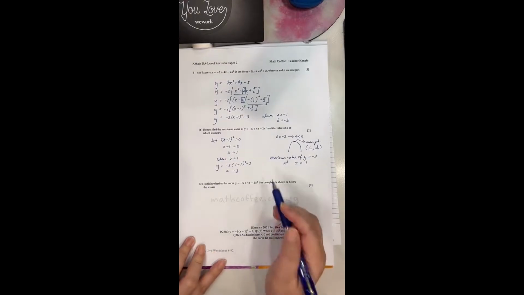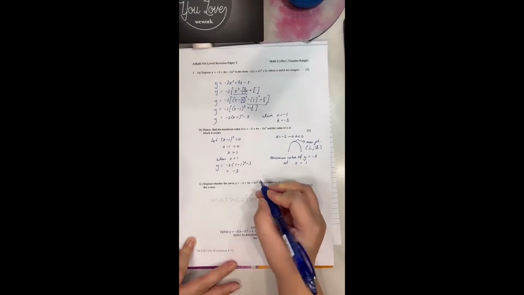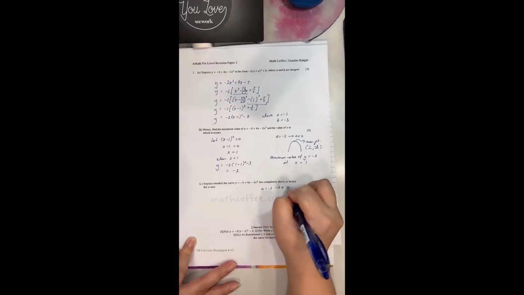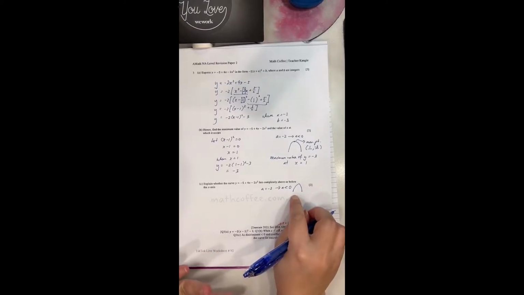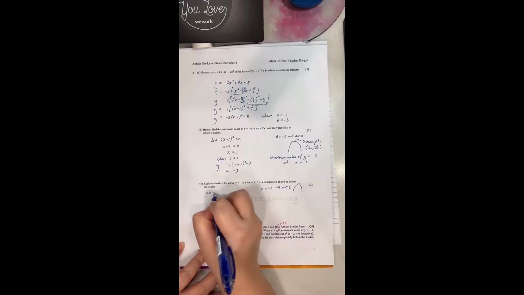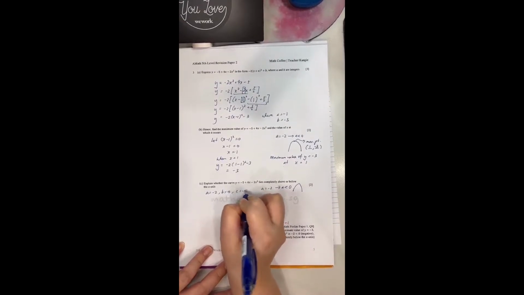So how we are going to find this: we already know a is negative 2, a is less than 0, so we know this is a sad face. Then after that I need to find my discriminant. So my a is equal to minus 2, my b is equal to 4, my c is equal to minus 5.